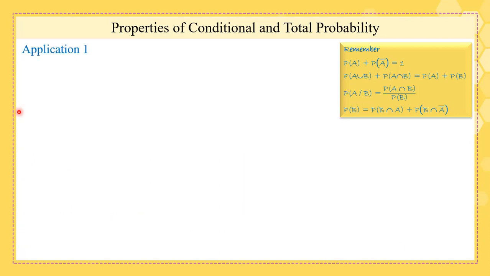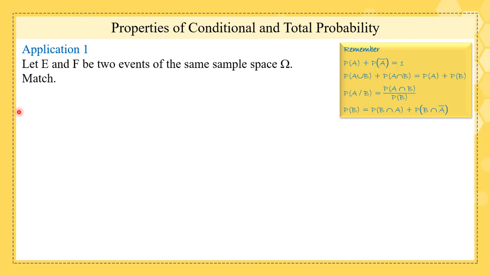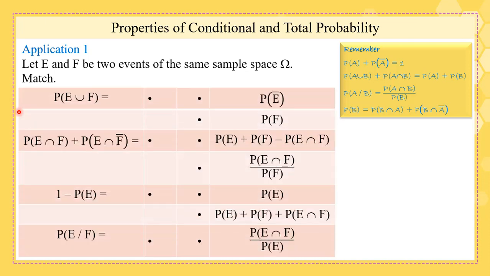Now let's see this application. E and F are two events of the same sample space. We need to match. Try to think about the probability of E union F among these properties. So it's very clear that it is P of E plus P of F minus P of E intersection F. Now try to find the second rule.